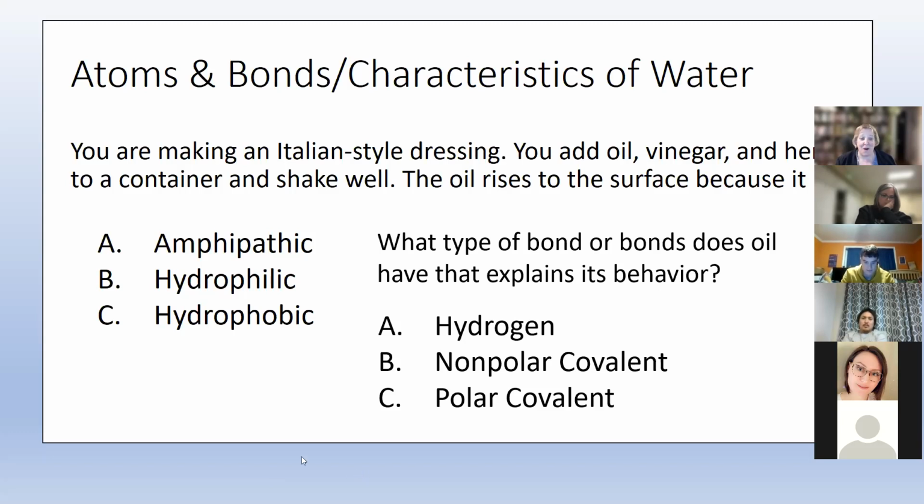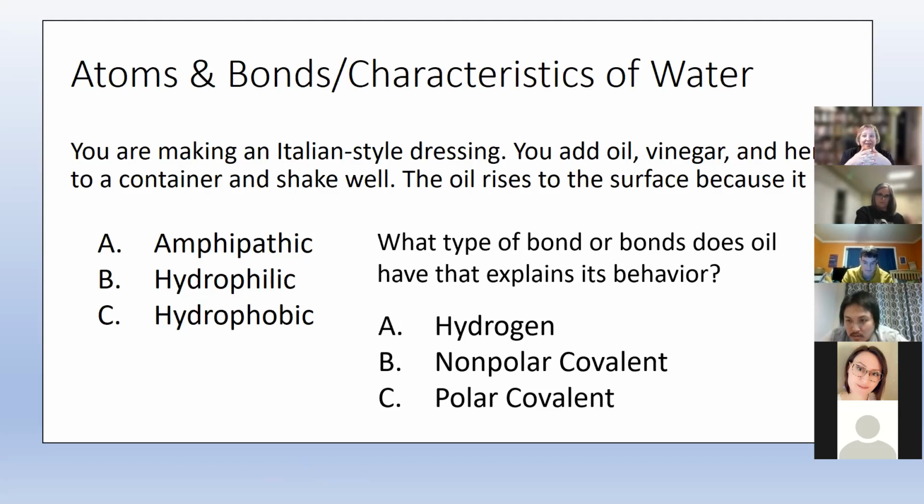We are almost evenly divided between non-polar covalent and polar covalent, which at this point is okay because it's easy to get them backwards. The correct answer is the oil has non-polar covalent bonds.